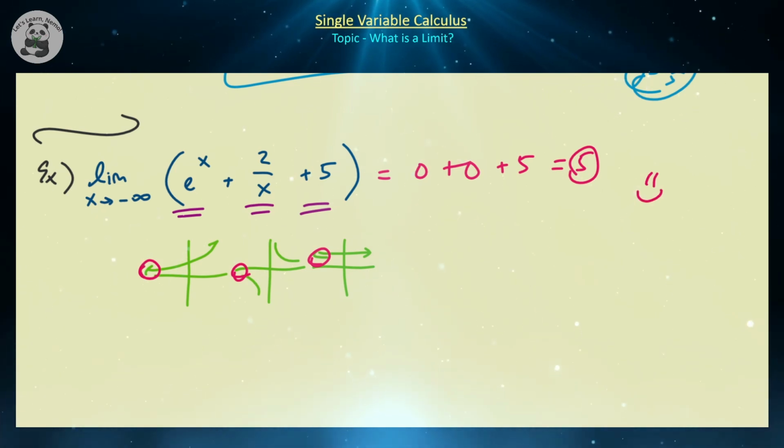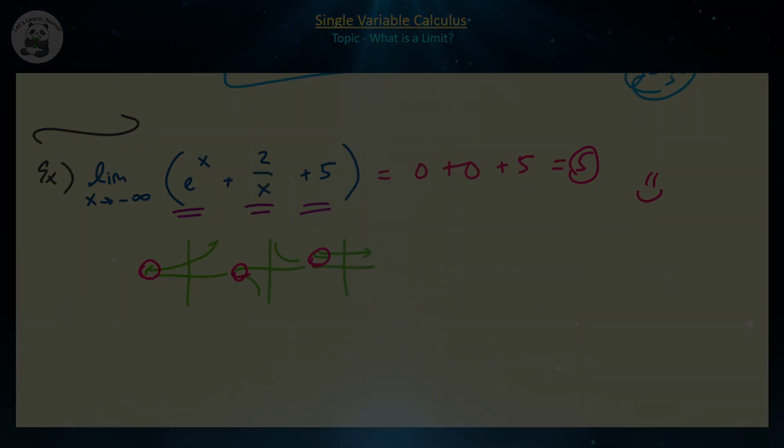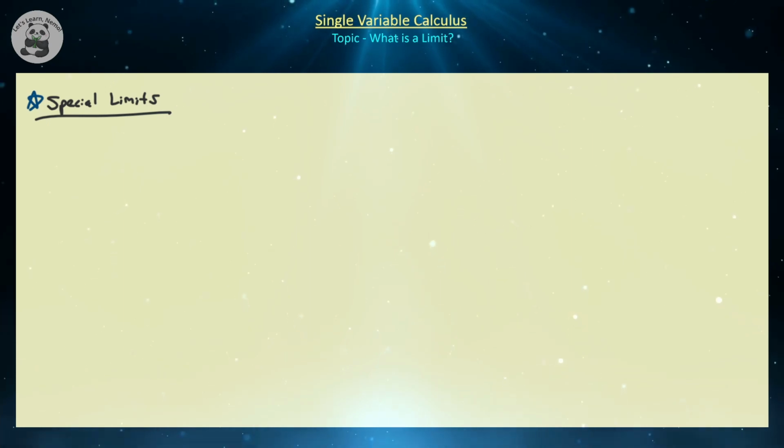So if you have some rigorous understanding and comfortability with the graphs of your elementary functions, some limits are actually quite easy and quite trivial to figure out. There are some limits that are quite special, but are actually quite difficult to prove for the elementary audience.